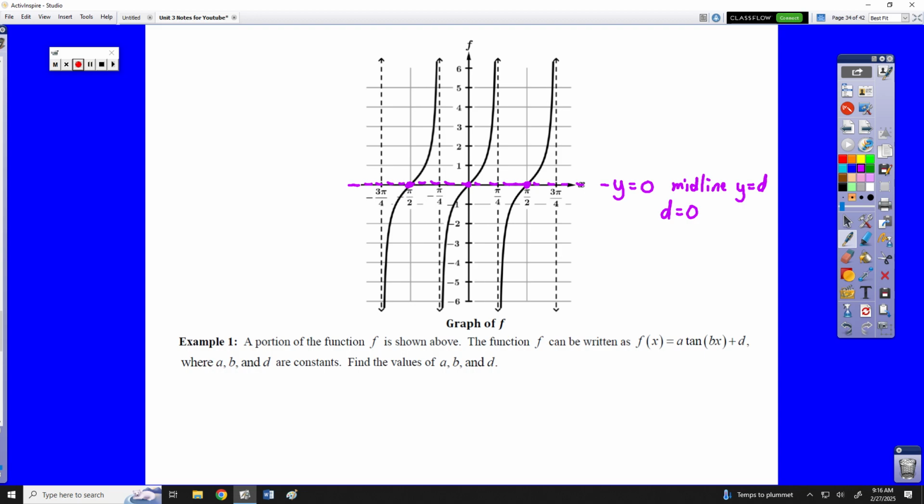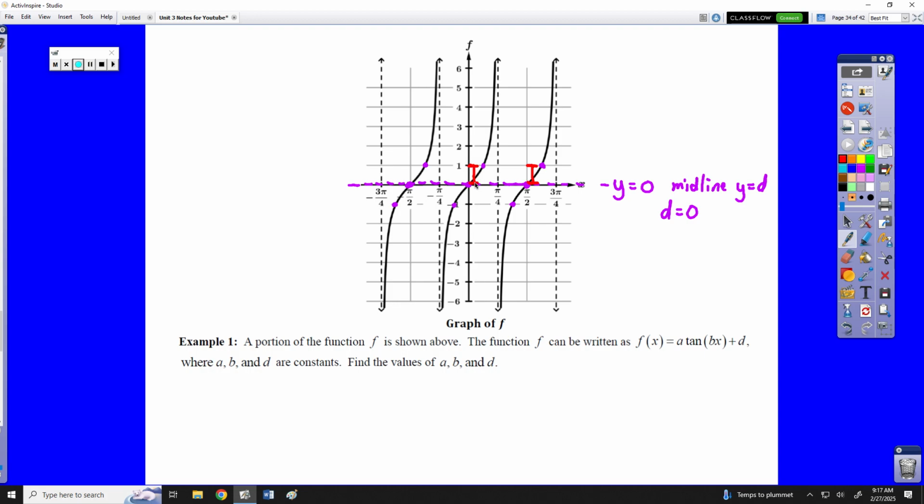The tangent function always passes through 3 very specific points. When we look at those points on this particular graph, that allows us to figure out the amplitude, because the amplitude would be the absolute value of the distance between the inflection point and this next point up.